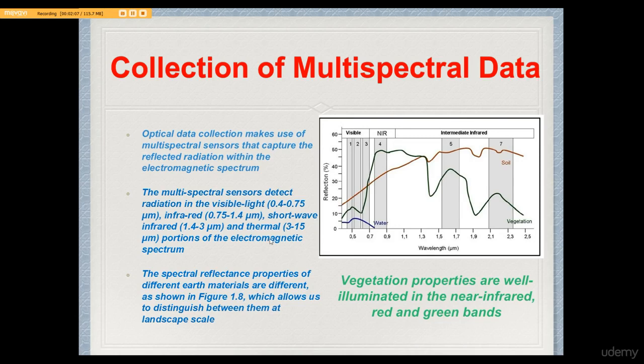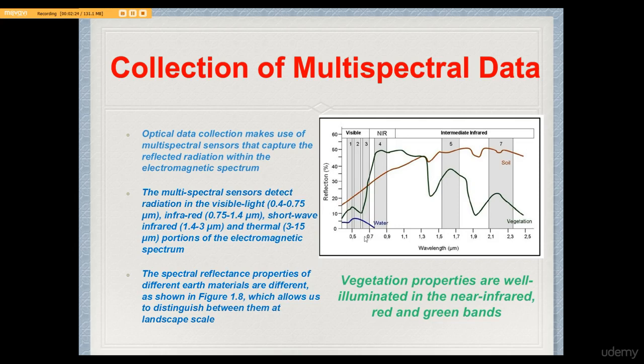Usually the multispectral bands comprise visible light wavelengths, infrared, shortwave infrared, and thermal. We can only see visible light, and the rest of the electromagnetic components are unseen.